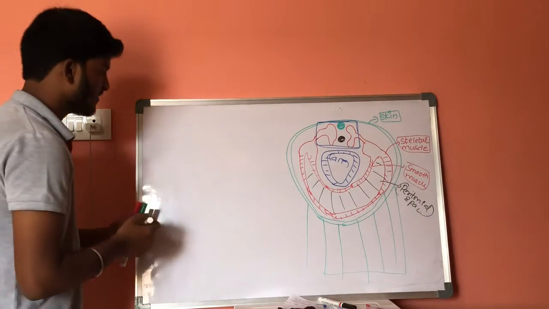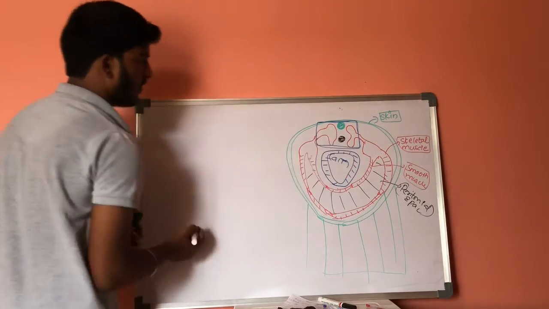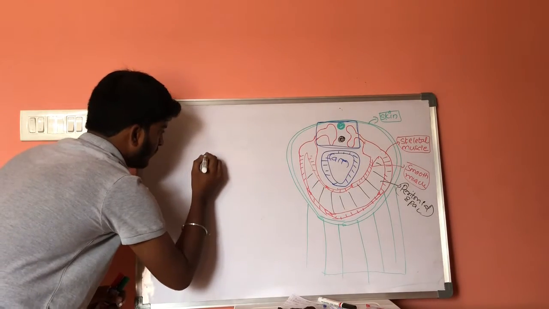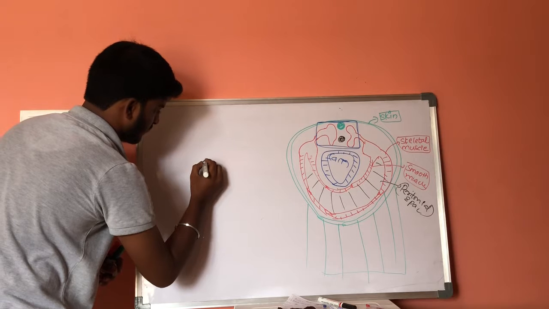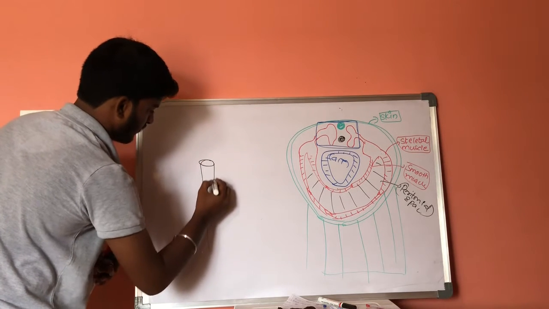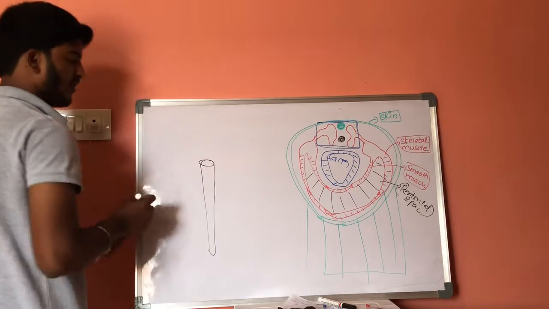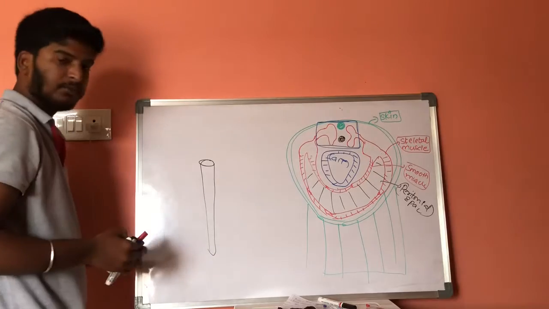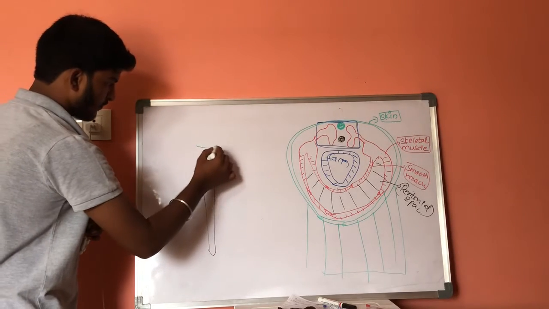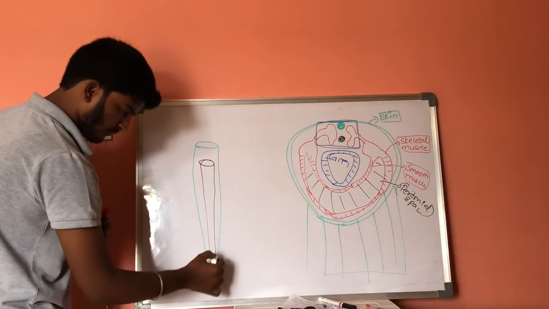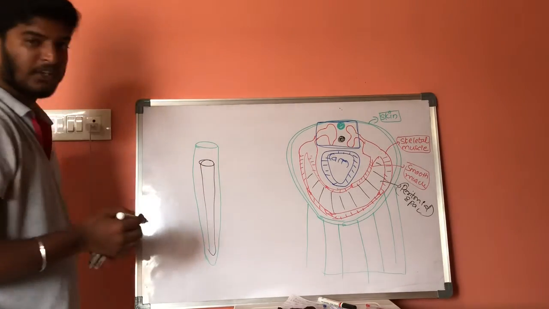Now, let us consider first the notochord. This is the notochord, surrounded by the neural tube.